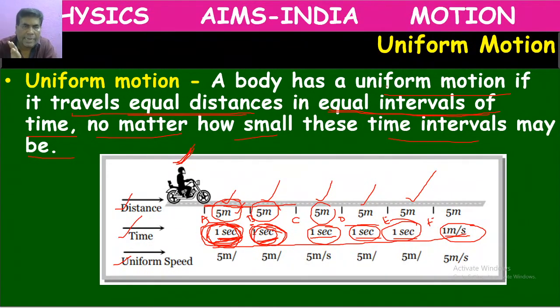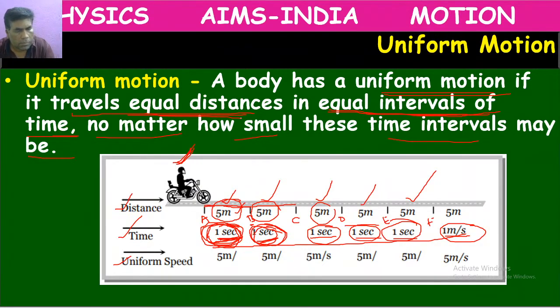Uniform motion never depends on how small the time interval is. We can take any time interval, but the condition is that in equal intervals of time, it has to cover equal distance. Then we can say that it is in uniform motion.